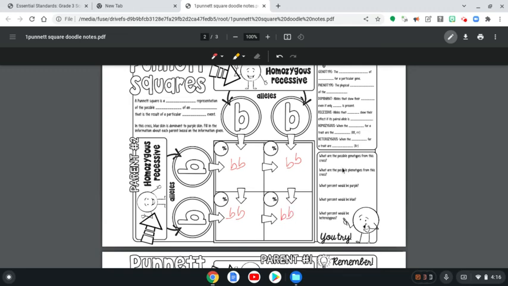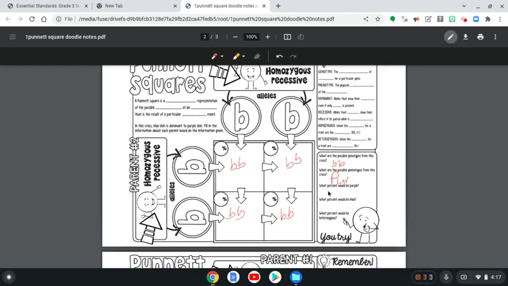Okay, our possible genotypes would be recessive B, recessive B. Our possible phenotypes, I'm just going to do purple because I'm going to try just do PUR because it takes me forever to write this out.